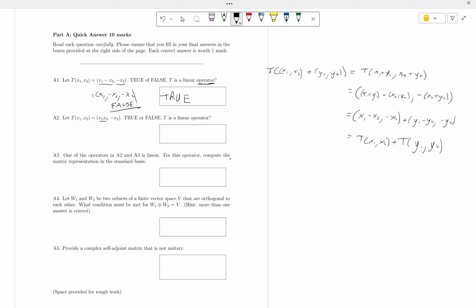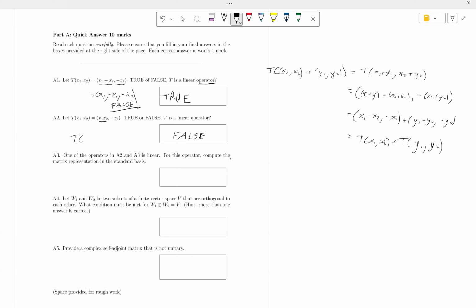Now, in A2, because we have this product, this is false. This is not a linear transformation, thus it's not a linear operator. And here, if you were to prove that it was false, you'd provide a counterexample of some kind.